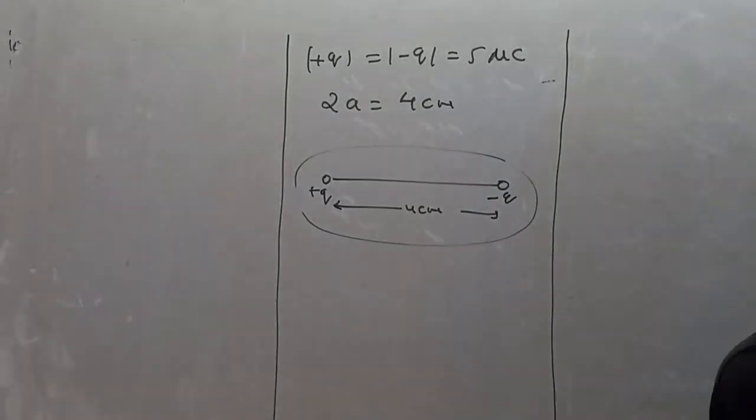Now calculate the electric field intensity at a point 4 centimeter apart from the midpoint on the axial line of the dipole.